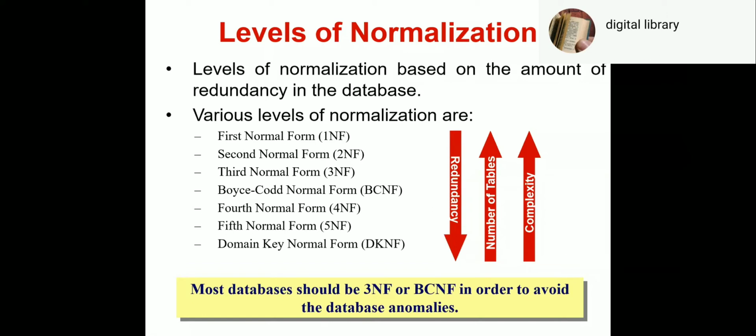Now, the moment you increase the normalization from first to DKNF, what reduces? Redundancy. So the higher the normal form, the less your redundancy. But the number of tables will keep on increasing.